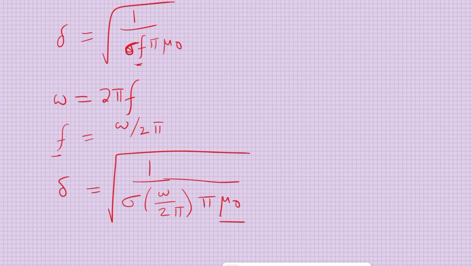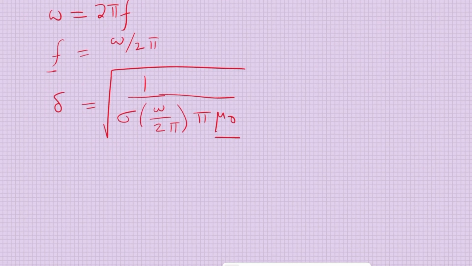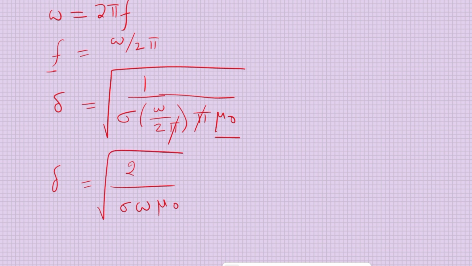Then we can rearrange this equation to get the final version. So this is cancelled, and delta is equal to 2 divided by sigma omega mu naught, all under a root.